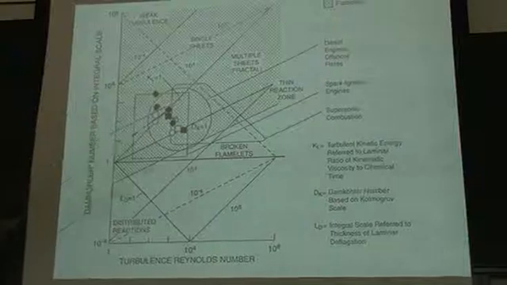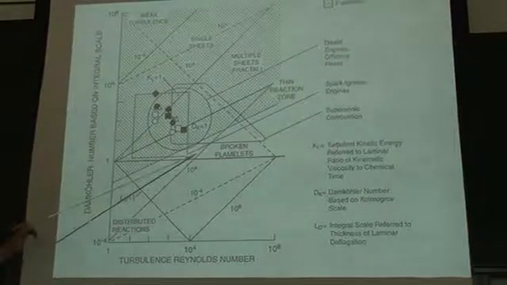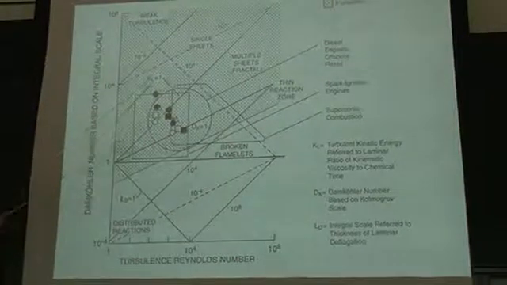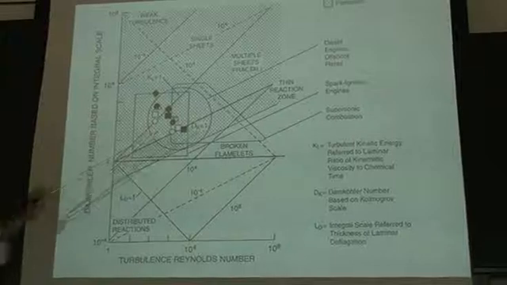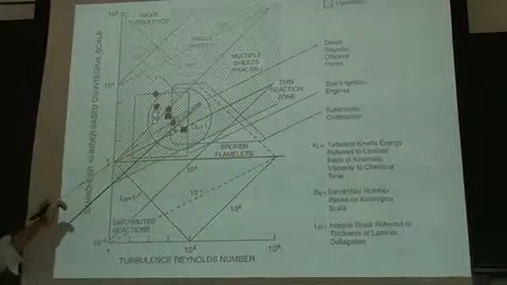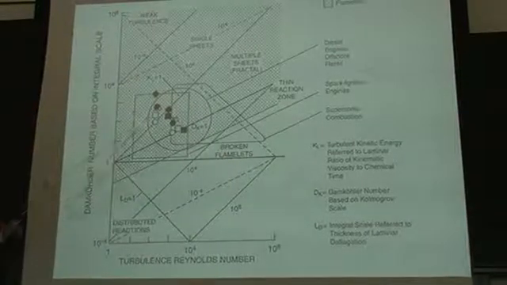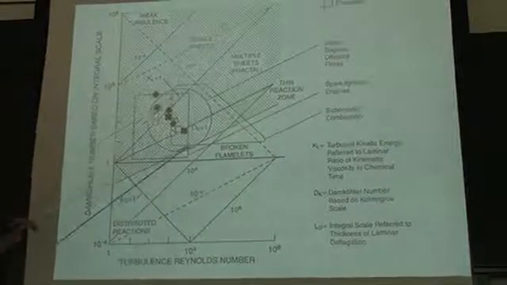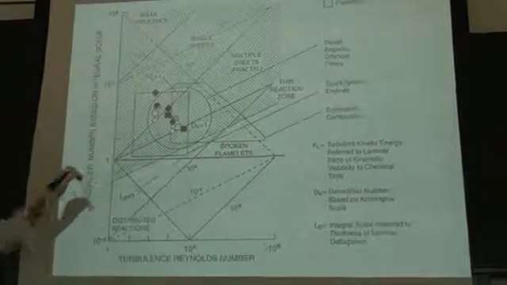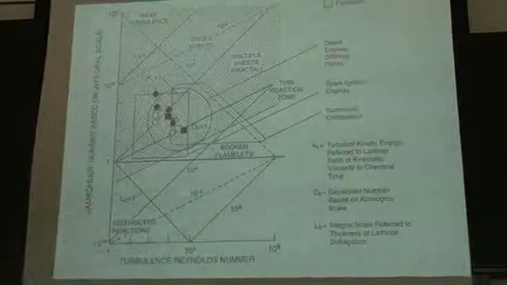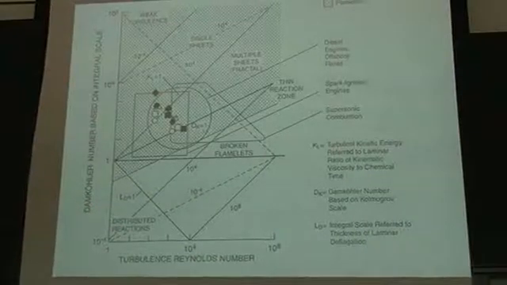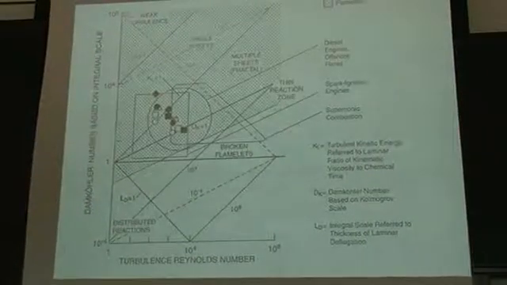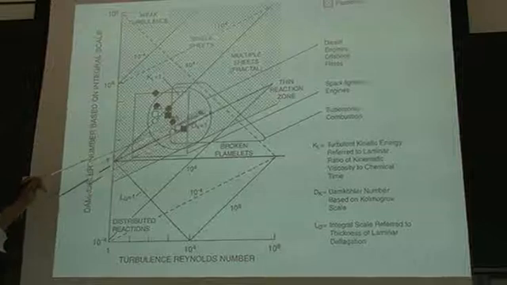This is a general area in which spark ignition engines, diesel engines, as well as estimates for offshore flares would fall, this round area. This larger area we've estimated for supersonic combustion. Gas turbines I've not indicated here.